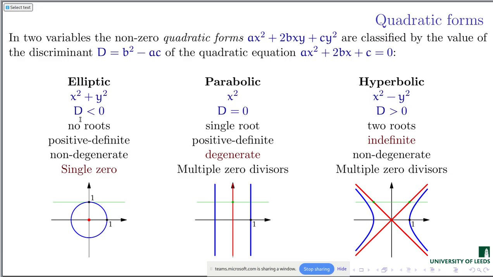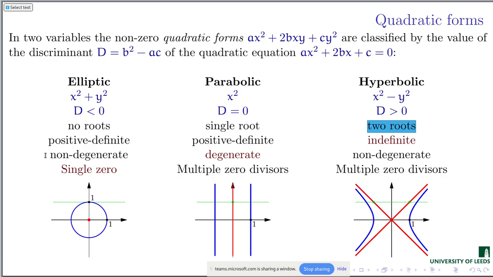So again, there is a sharp value for the parabolic case: the discriminant shall be exactly 0, and the two other cases are more flexible, so it's just a sign, not a particular value. And there are again known properties for the corresponding quadratic equations. A negative discriminant means there are no real roots, a single root for the boundary parabolic case, and the hyperbolic situation has two roots.